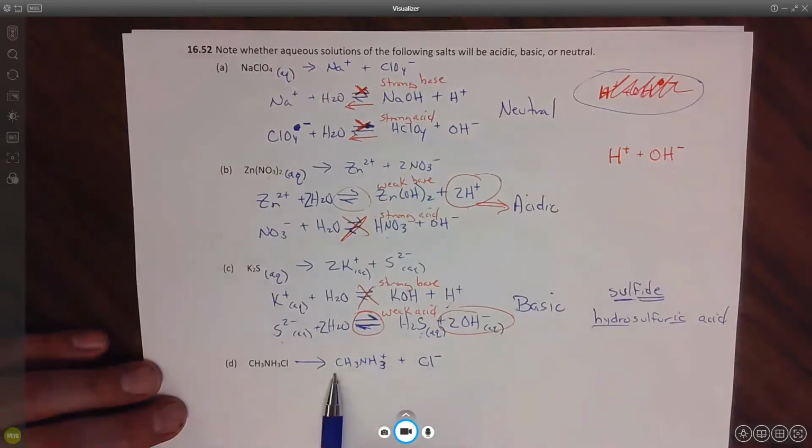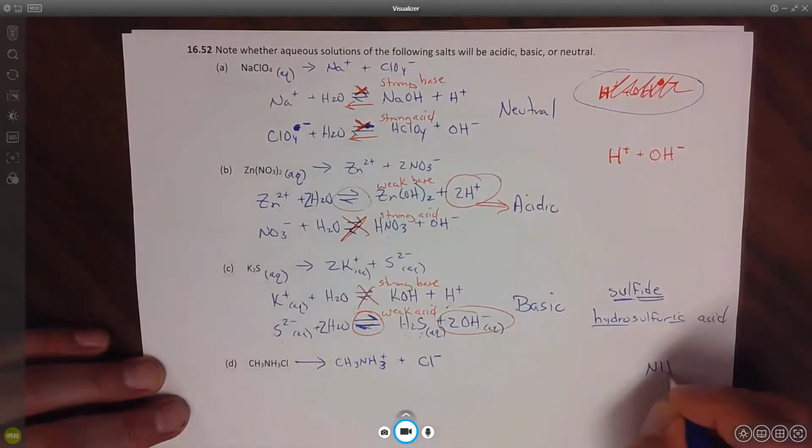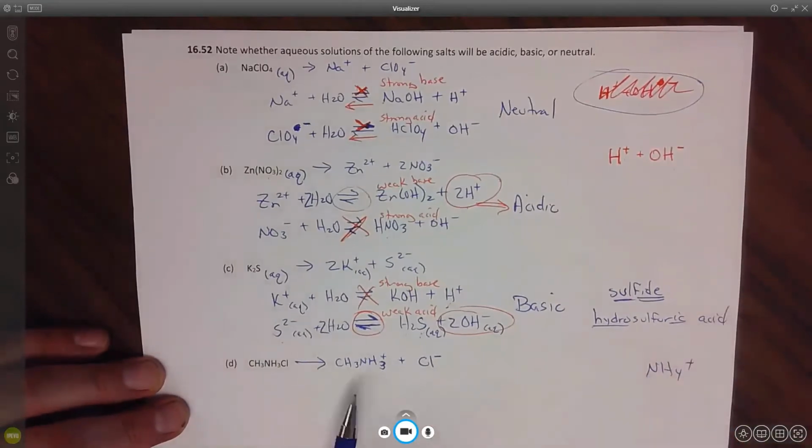What rules do you have for the methyl ammonium ion? Well, the NH3 right there is the acceptor. No, that's NH4 by itself, which is the ammonium ion. This is not ammonium ion. This is the methylamine ion, methyl ammonium ion. So are there any rules for methyl ammonium in the solubility rules?